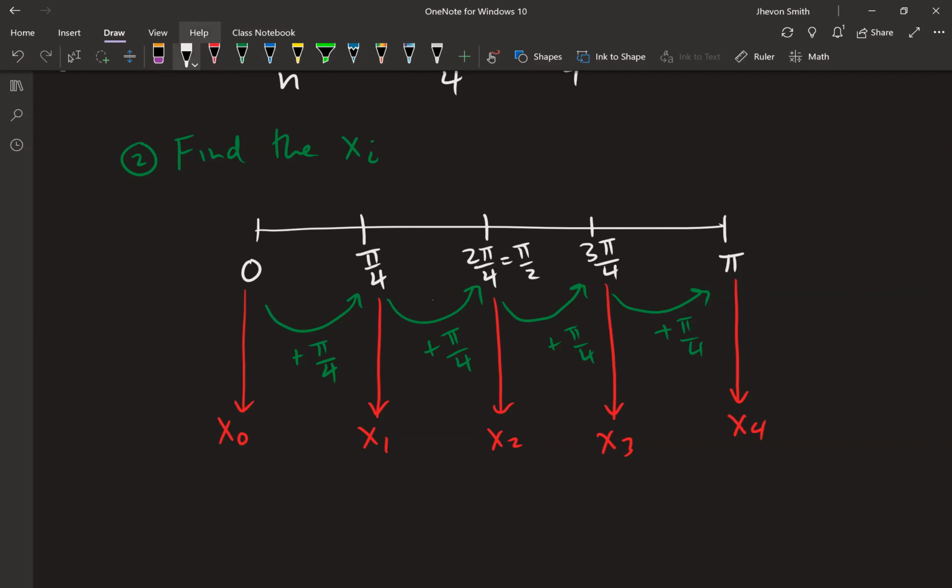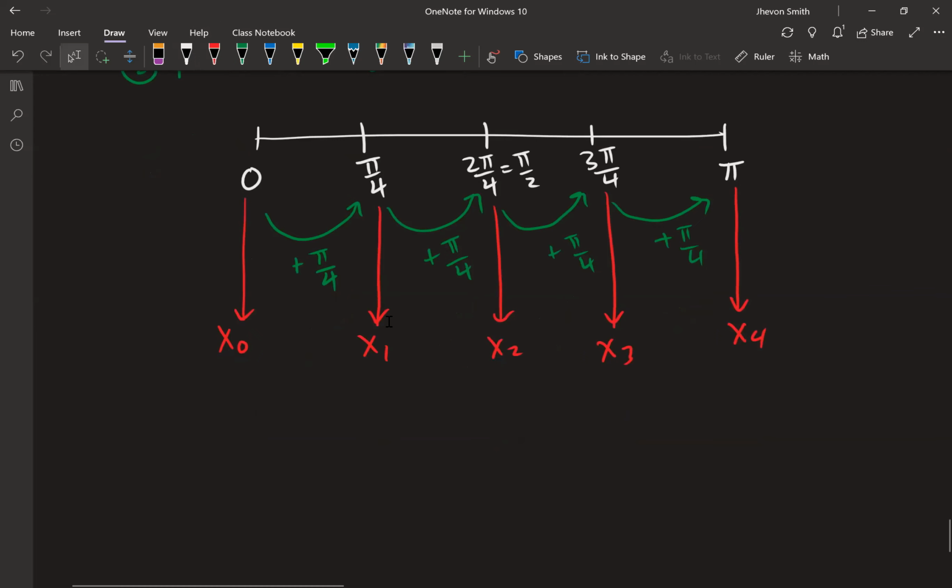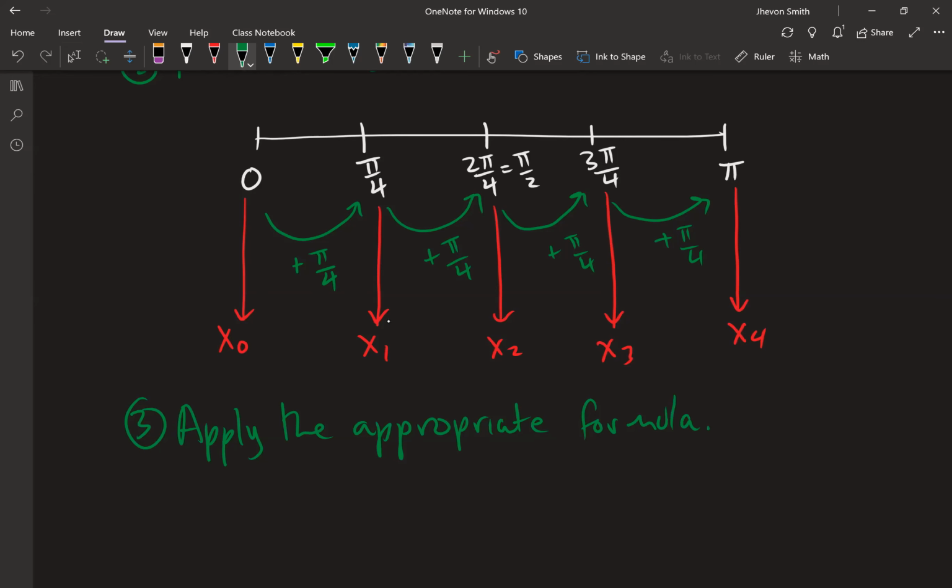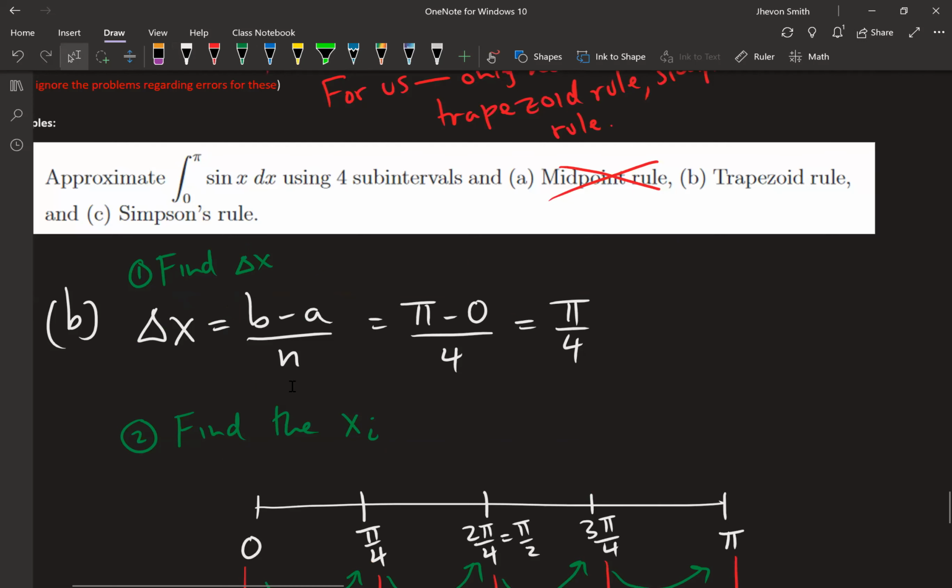And so now we can apply the formula. Step 3, apply the appropriate formula. So in this scenario, in example B, we want to apply the trapezoid rule.